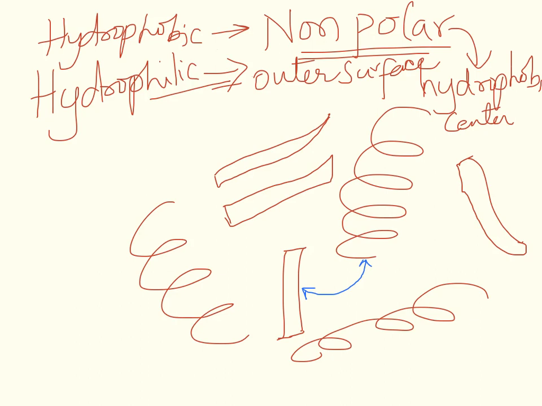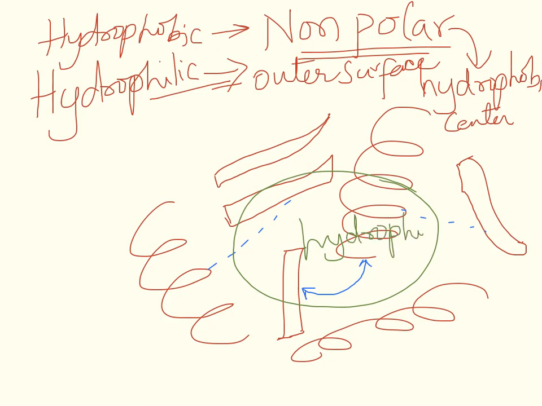There can be hydrogen bonds. So there could be a hydrogen bond from here to here. There could be a hydrogen bond from here to here. And if you notice, this is the internal part of the protein, and so this is the hydrophobic part. Okay, and the rest of it is the outer surface, and that would be the hydrophilic part.